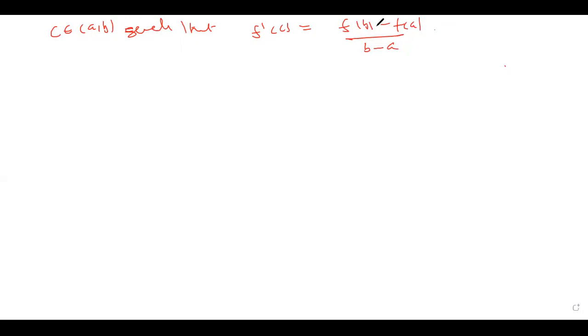What this means is that the rate of change of the function f according to x is equal to the rate of change of f at a point c. Once again, this is also called the average. The average rate of change of a function is equal to the rate of change of the function f at c.